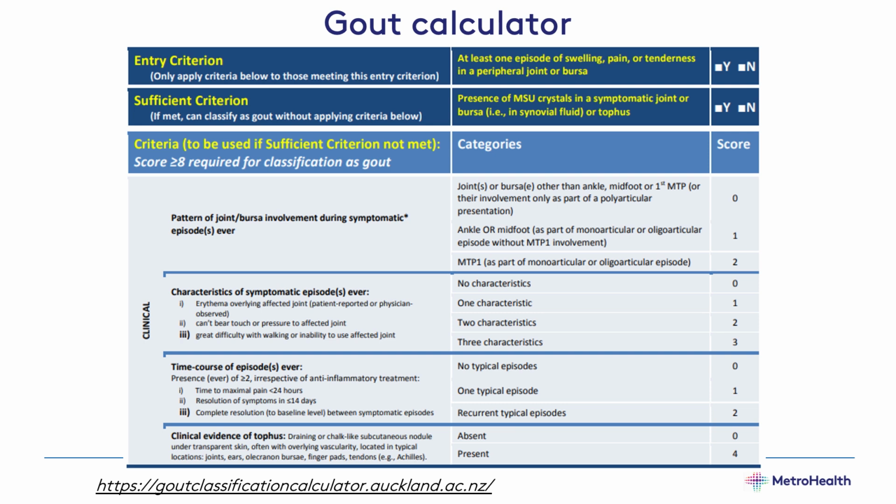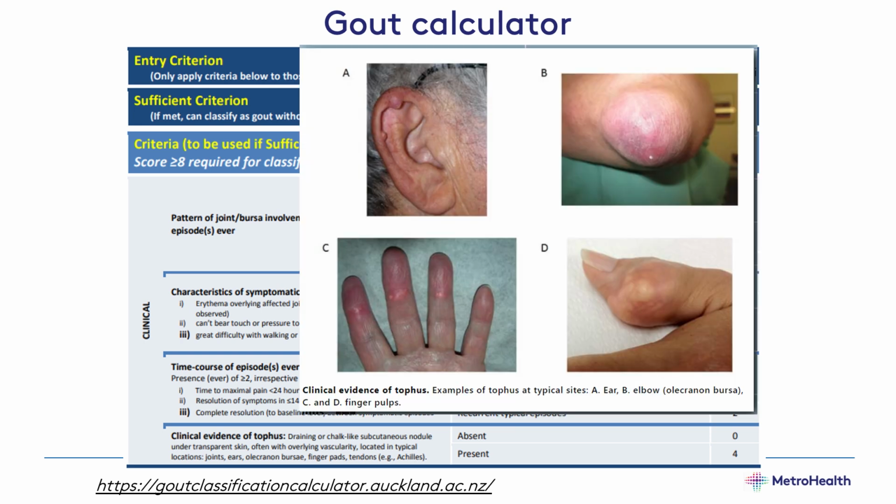If you can see skin nodules, you may question whether that is a tophus. And here's a description of the details of what constitutes a tophus. But in the gout calculator online, there's actually a camera icon over here. If you click on it, it will pop up this picture.